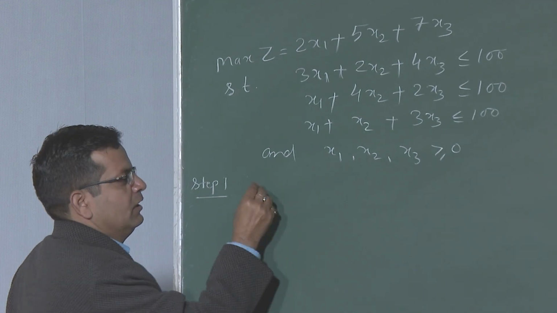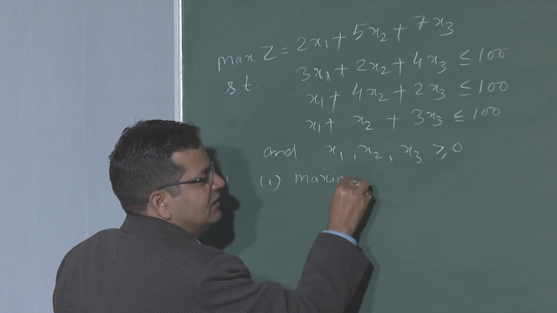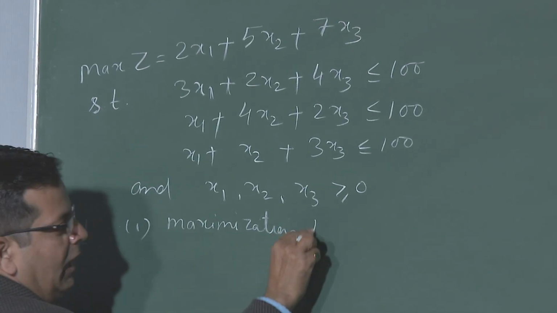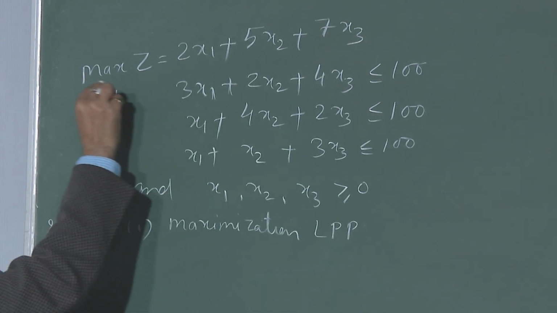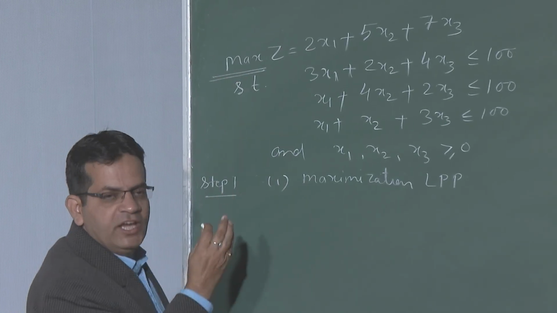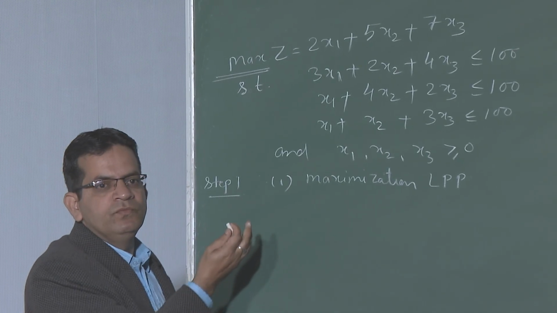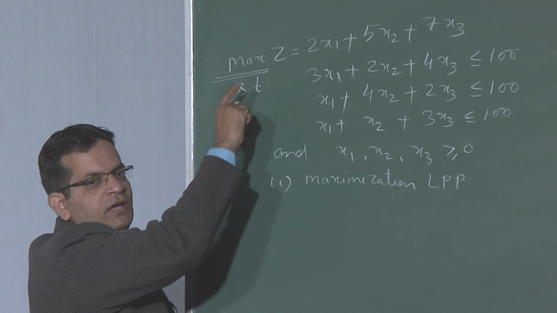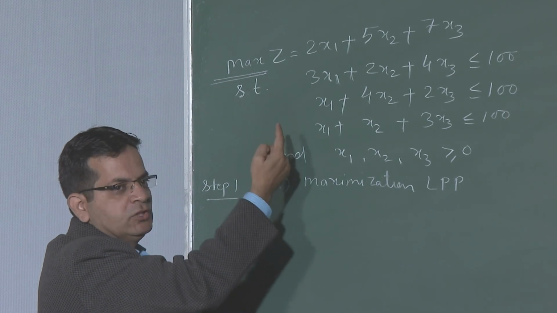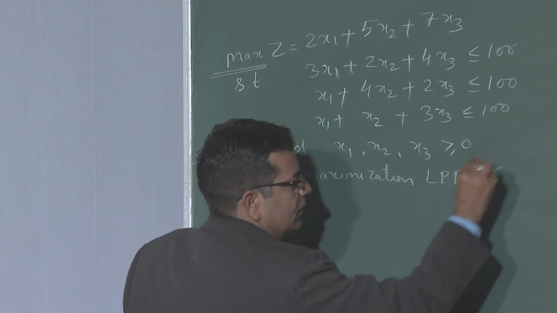So, in the first step we have to identify that your problem must be of maximization, and here we can see our LPP is a maximization problem. So, no need to change the LPP. In case the LPP is a minimization problem, then we need to convert the minimization LPP into maximization by simply multiplying the objective function by the -1 sign. So, this is clear to us.